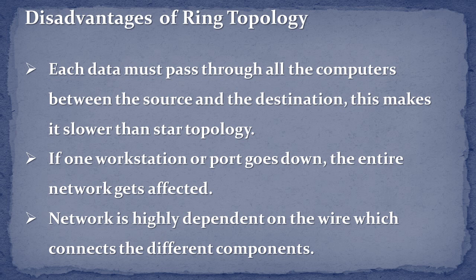The next disadvantage is that if one workstation or port goes down, the entire network gets affected because the data travels in one direction. When data travels, if any workstation fails due to any problem, then the entire network gets affected.